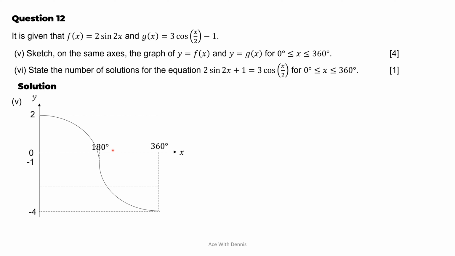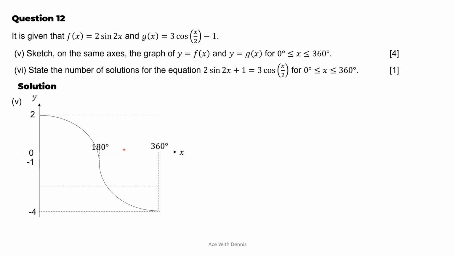Now we want to move on to draw the second graph. You can see that I draw a dotted line at the top and at the bottom here. What is the reason? Because the amplitude of the first graph is 2 here. As we have calculated in the previous question, the period of sine 2x will be 180 degrees.